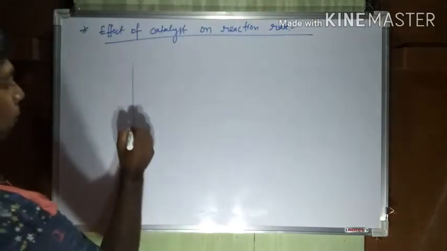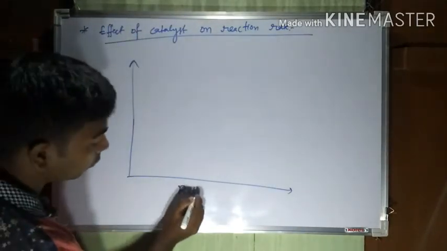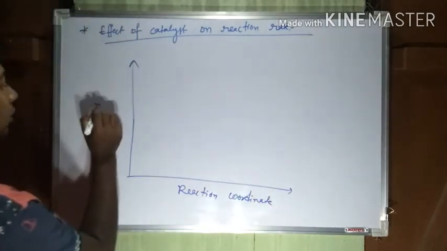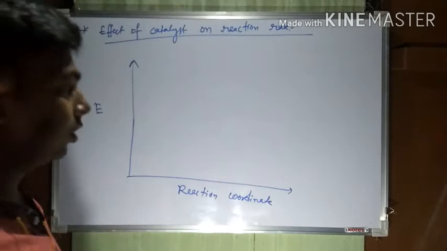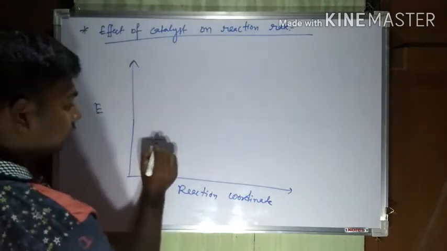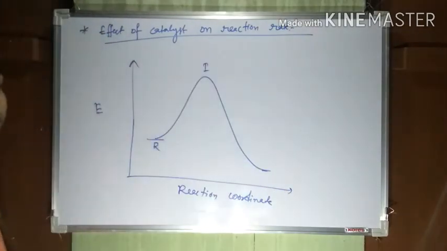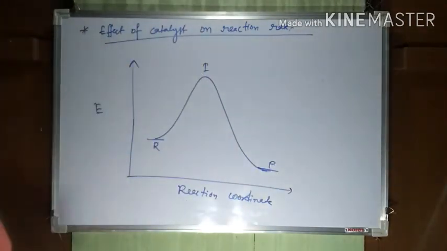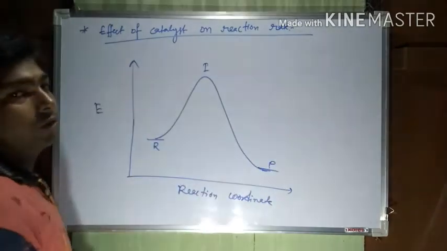See this energy profile. Here is the reaction coordinate, here is the energy for the reactions. Now if we draw a reaction without catalyst, a simple reaction, here is the reactant, this one is the intermediate or activation complex, and this one is the product. In the absence of catalyst the reaction proceeds this way.